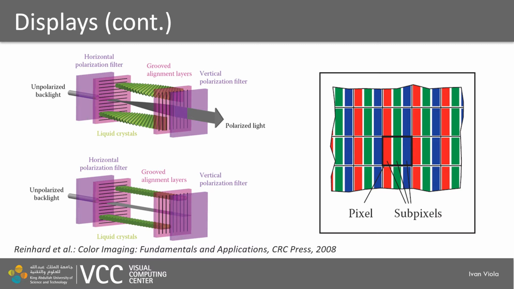If we apply voltage to the liquid crystal, this alignment of layers will change its shape. It will twist, and this twist will enable the light also to change polarization from horizontal to vertical.